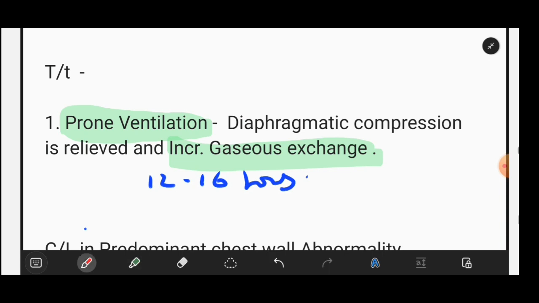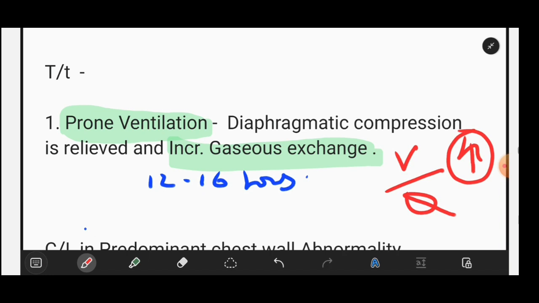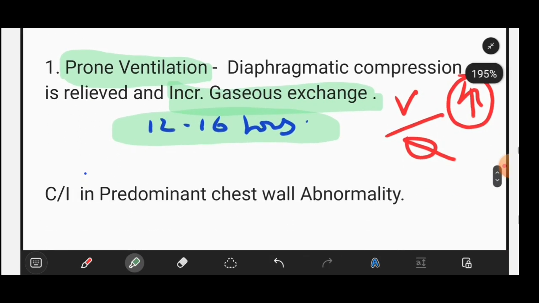By this technique, we improve the ventilation and perfusion ratio. This ratio will increase, and this has to be done every 12 to 16 hours. But this is contraindicated when there is a chest wall abnormality. In a patient having chest wall abnormality, we can't do prone ventilation.